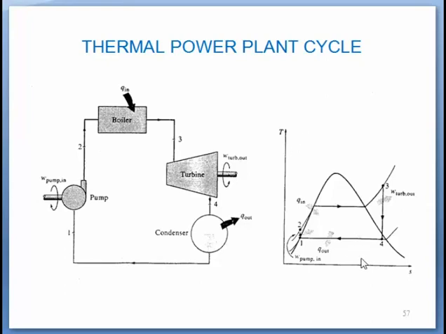And this is your TS diagram. Here we can see point 1 represents the outlet condition of the condenser, and point 2 is the condition after pumping, which is the inlet to the boiler.